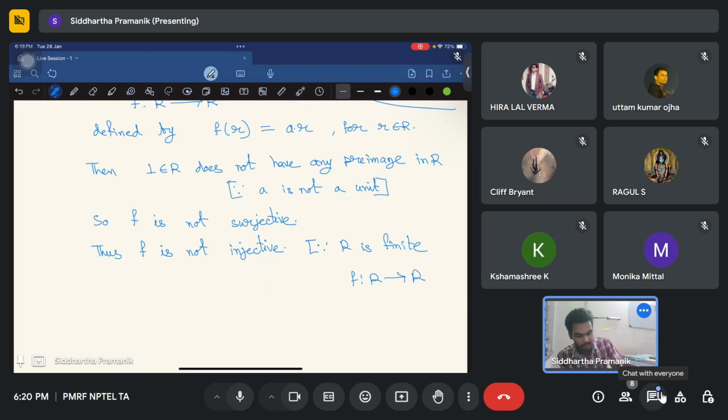A function from a finite set to itself is injective if and only if it is surjective, if and only if it is bijective, right? That is something you can do by yourself, or if you are unable to do it, then you can come back to me later and I will do that proof. For the time being, just assume it. It's better, let me give it to you as an exercise.